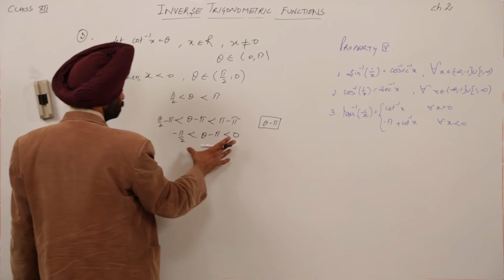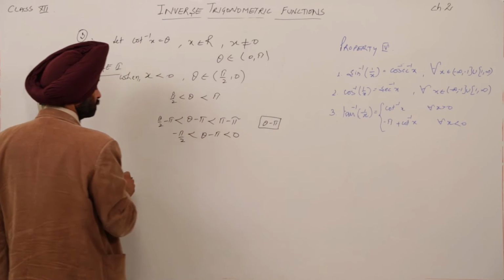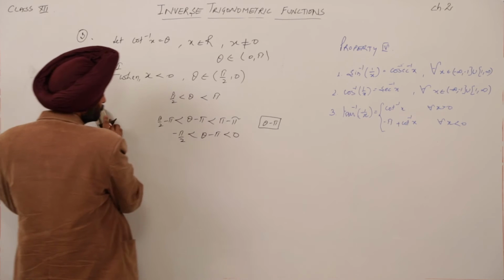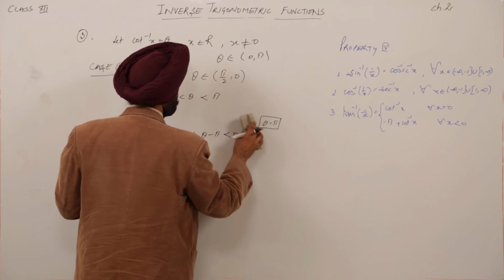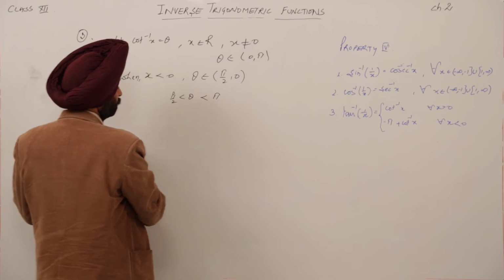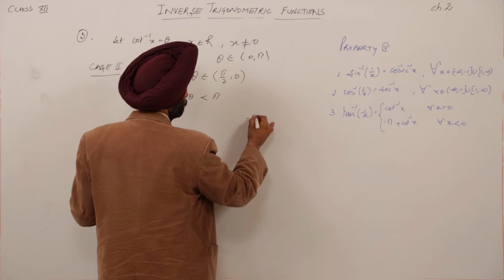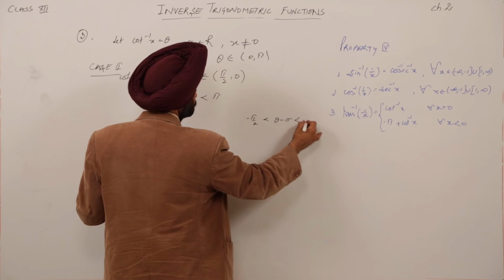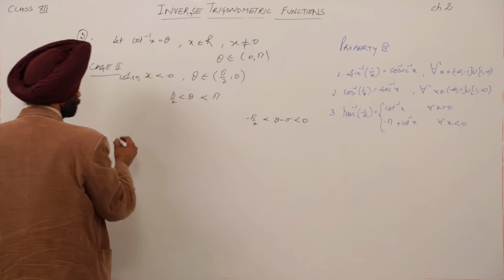This is a must, we have to do this part also. Now we can write minus pi by 2 is less than theta minus pi is less than 0.